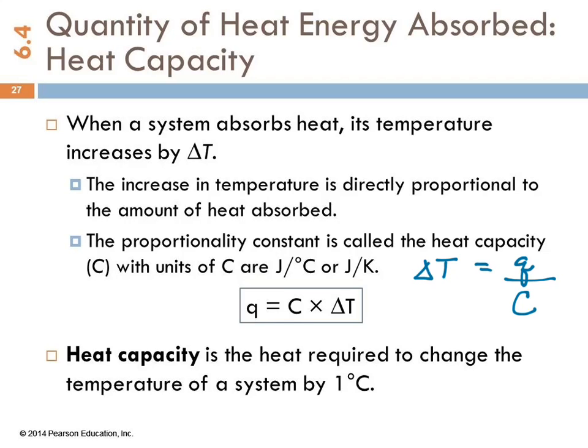Why does the toast cool down so fast and the potato doesn't? Weight has a little bit to do with it. Most of it's heat capacity, though. So, large heat capacity, you're going to have a smaller change in temperature. Small heat capacity, you'll get a larger change in temperature.